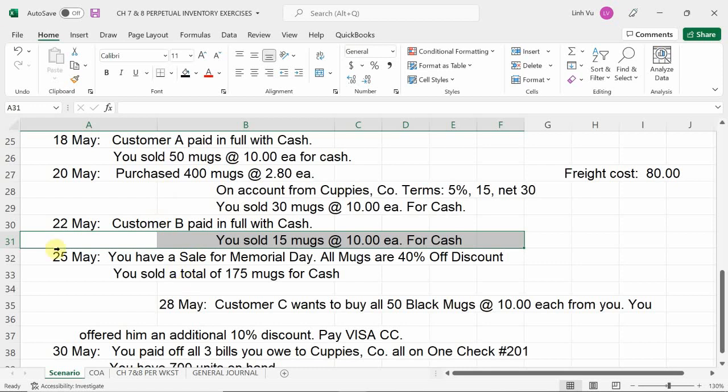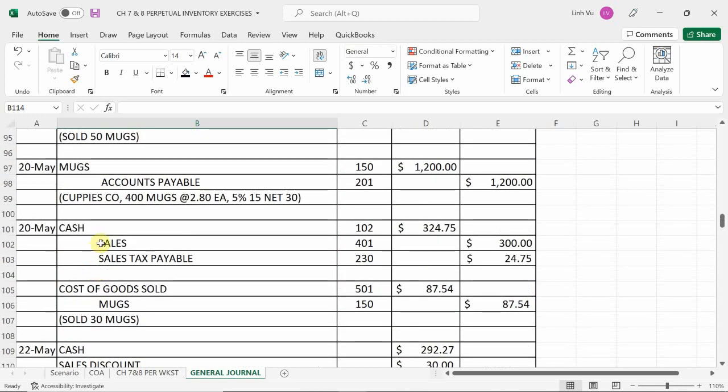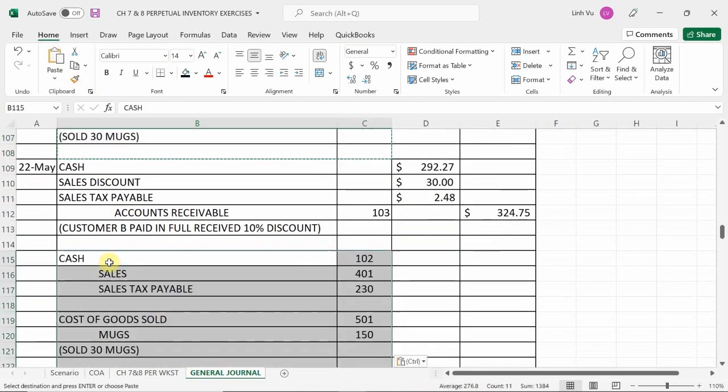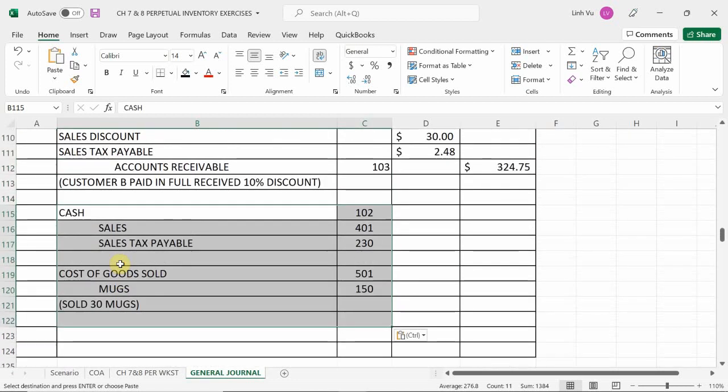So in this case, on the 22nd of May, we end up selling another 15 units. Okay? And we need to do this, right? Because it was cash sales, and we need to also adjust our inventory as well. Okay, so that should fit just perfectly in your journal.